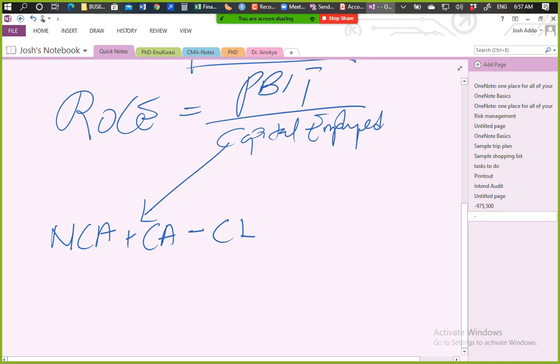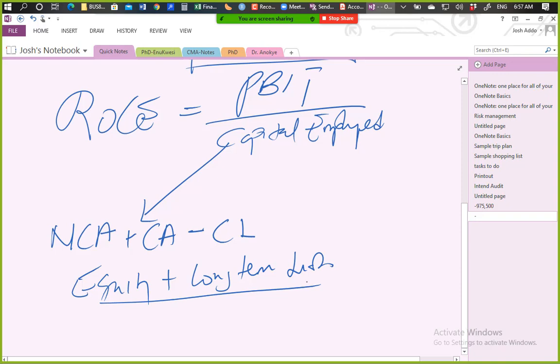It is also the same as equity plus long-term liabilities. You have to know this by heart. When you add your equity plus long-term liabilities, it gives you the same value as when you add your total assets and you subtract your current liabilities.